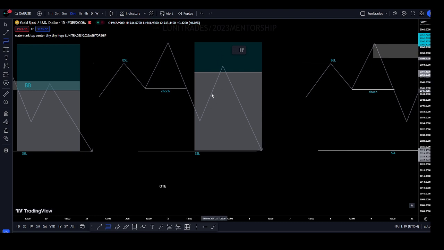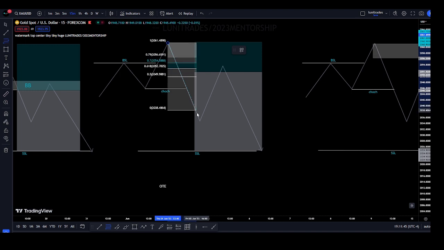If it's a sell trade, after price is returning and you want to enter with your optimal trade entry, you anchor the fib retracement at the top of the raid to the bottom of the market structure shift, that means the displacement leg.